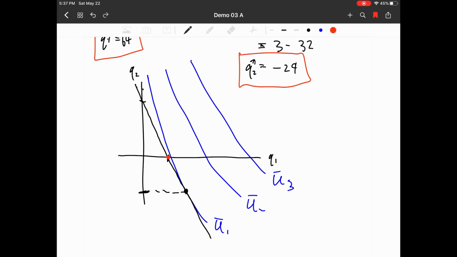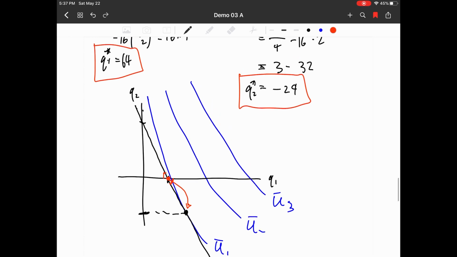We would like to be here, but we're constrained by this little corner here. So we can't get beyond this because we bump up against 0. So we know we would like to have negative quantity for Q2. We can't do that. So the closest thing we can do is 0.